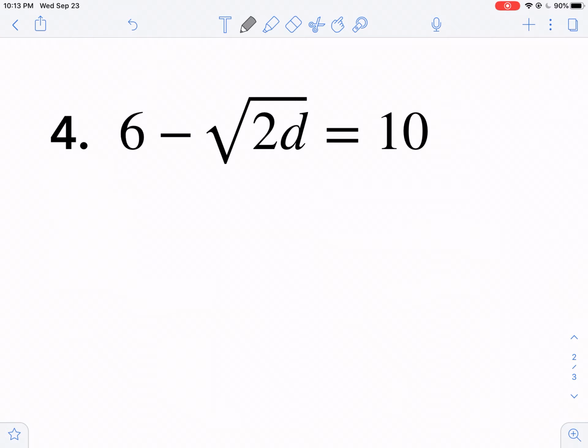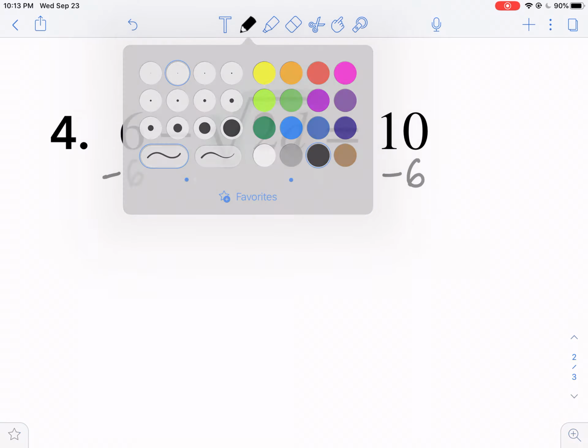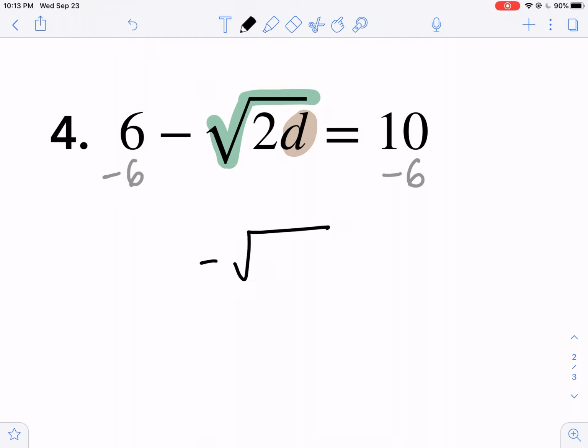Now this guy over here, let's try and solve him. Here we go. We've got our D box, and on our D box we've got some times 2 wrapping paper, a square root wrapping paper, and we've got 6. So first we need to get rid of the 6. We're going to subtract 6 from both sides. That gives us negative square root of 2D equals 4.